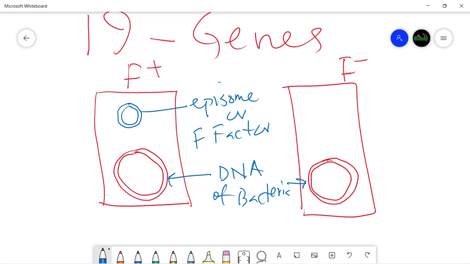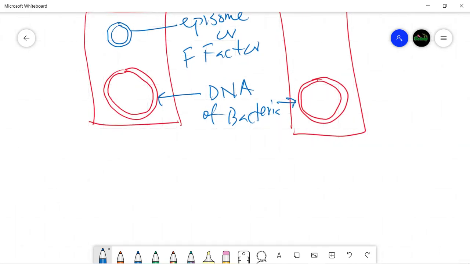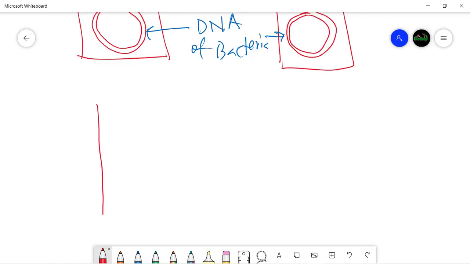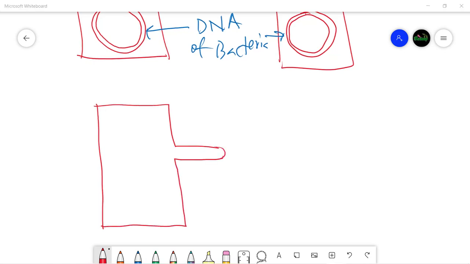Now what happens is that this F factor or episome initiates the synthesis of F pilus or sex pilus. So an F pilus is synthesized. This is the F pilus, F plus cells with F pilus.